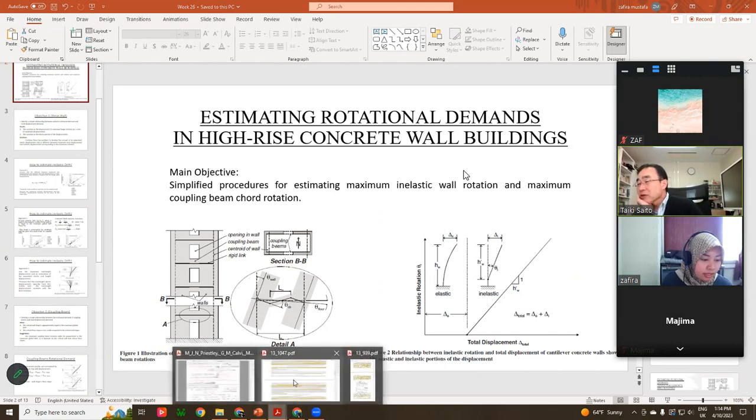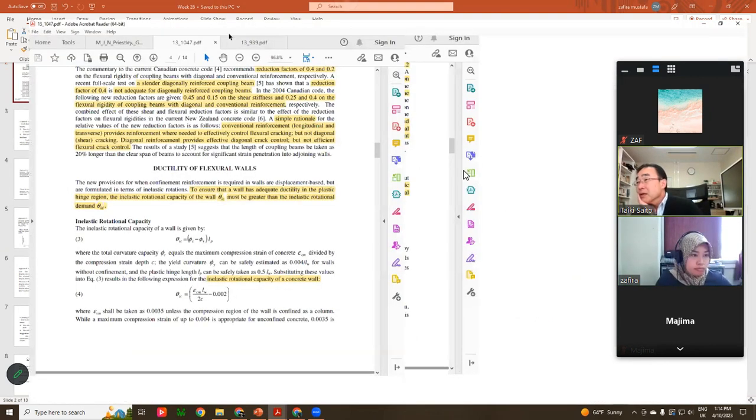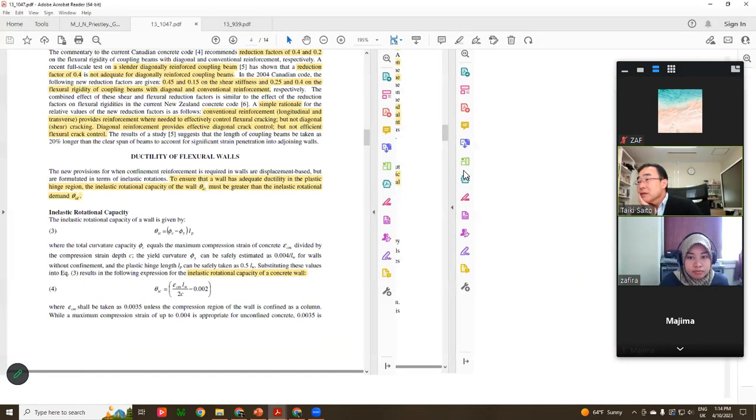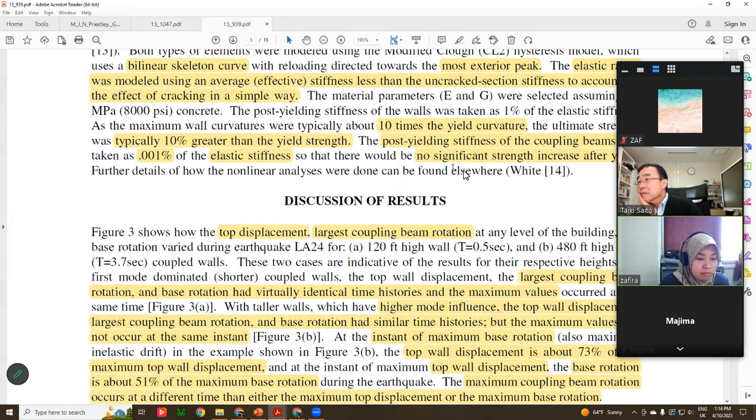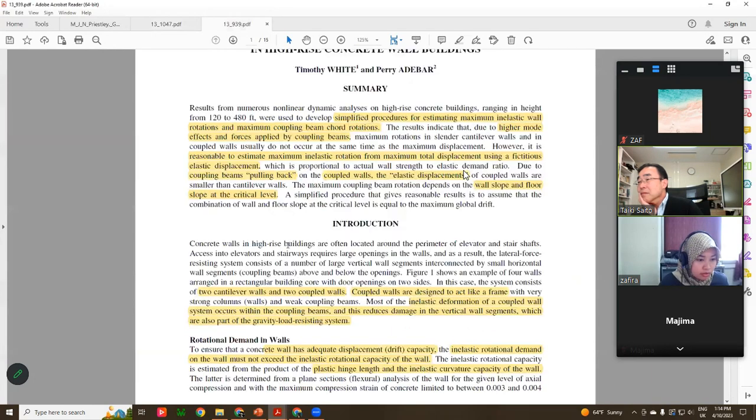Let me show you the paper here. I think it doesn't show the arrangement of the coupling beam, but it's a vertical building.